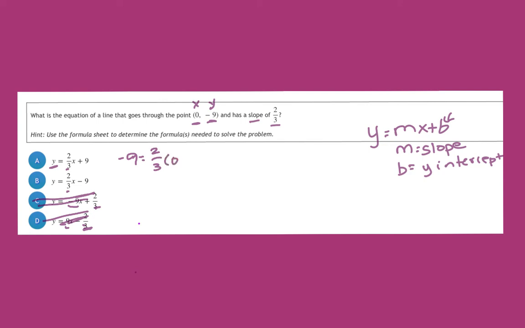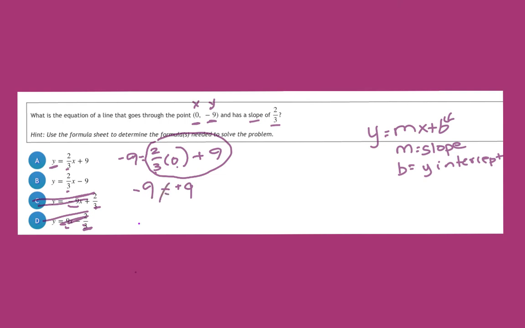And then I'm going to write 0 plus 9. And if this side equals -9, that would mean that was my answer. But actually, 2/3 times 0 is 0, and 0 plus 9 is +9. And -9 does not equal +9.